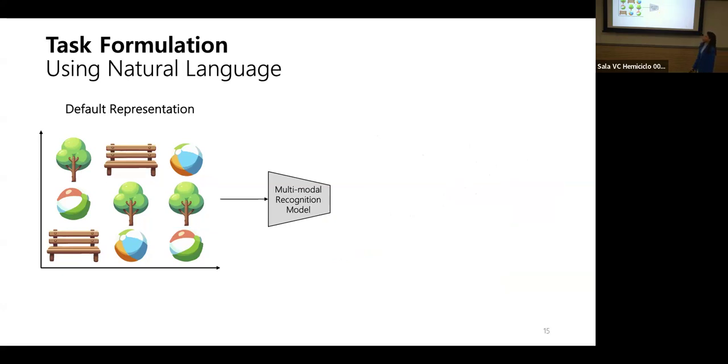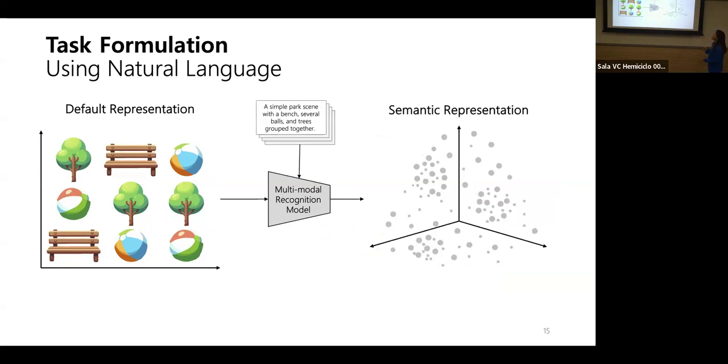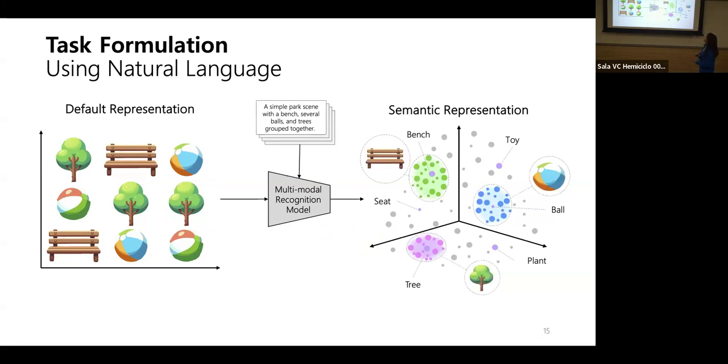So that's why we propose using natural language, and in this case, we can build a representation space that is structured by the implicit semantics of natural language. In that way, we can recognize the known categories that we have during training, and when we try to recognize the novel object, even if we don't know the exact semantic category, we at least have an intuition from the representation space that this thing is a toy.